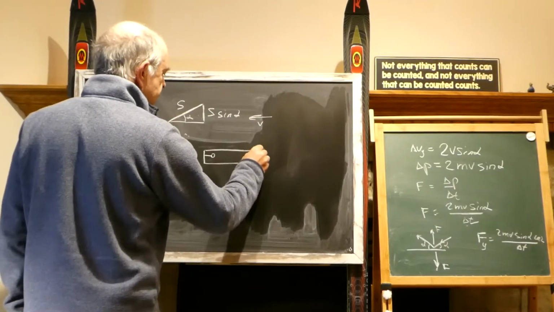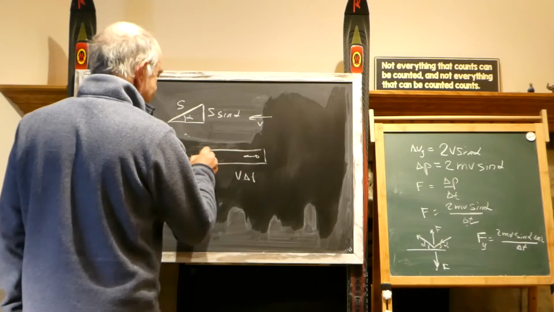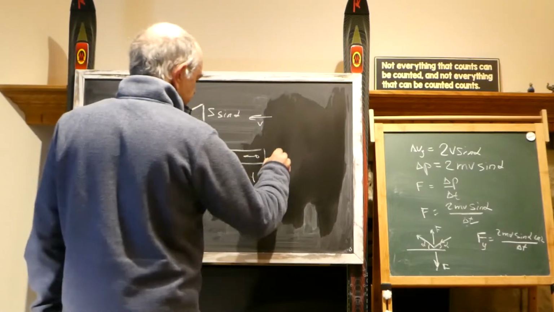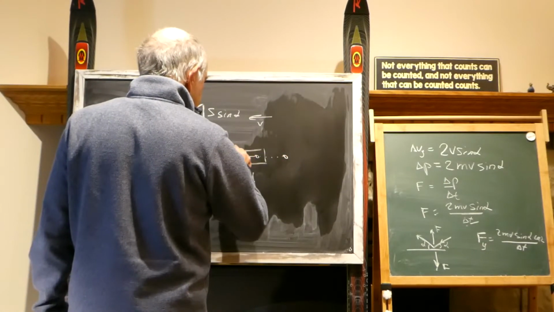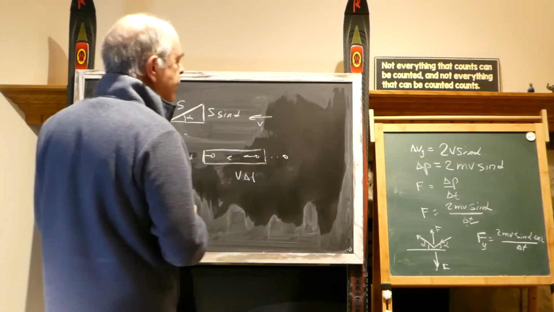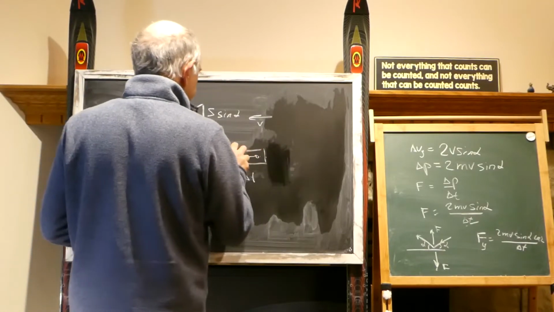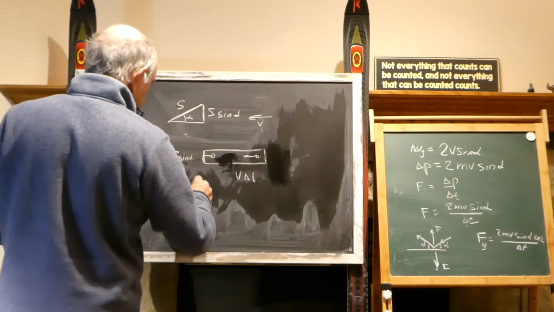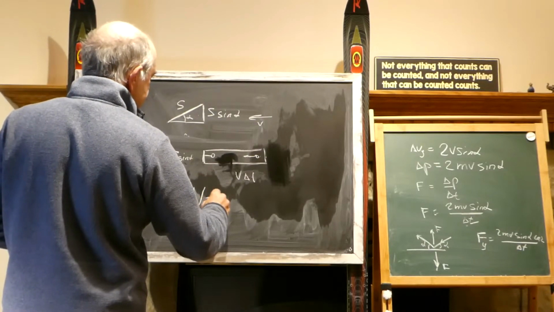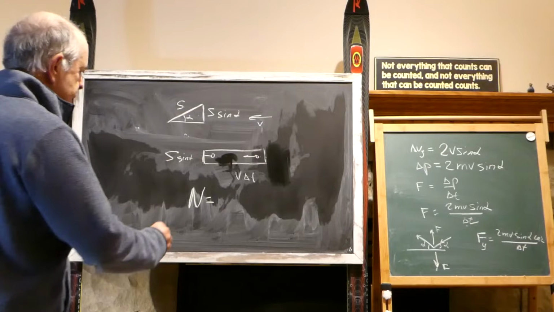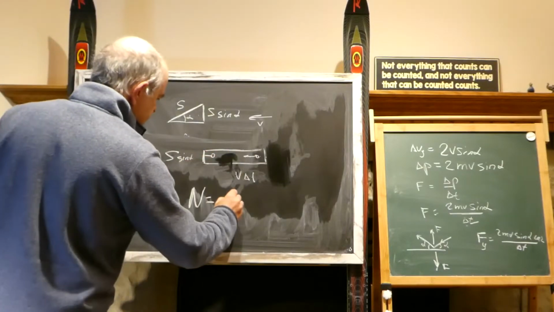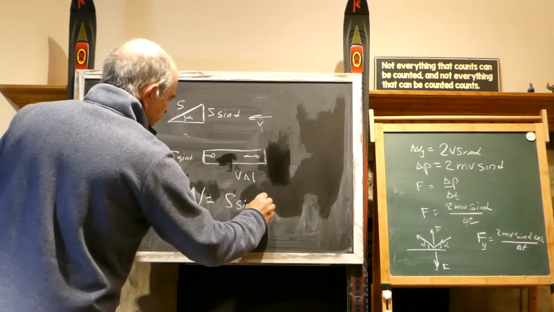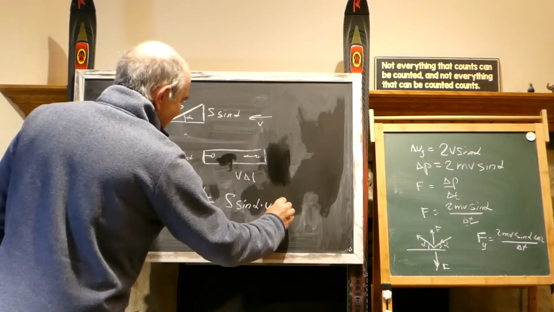If the molecule is here, it will travel V delta t, and it will hit this wing. If the molecule is here, boom, it's not reaching and it's not contributing to our force. So all we have to do is calculate the number of molecules sitting in this volume. And this volume is S sine alpha multiplied by V delta t.